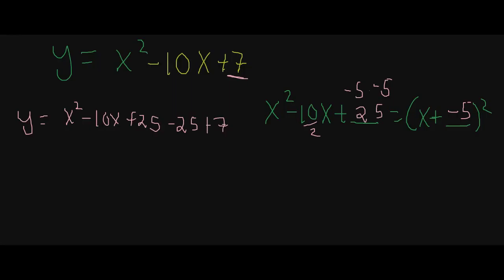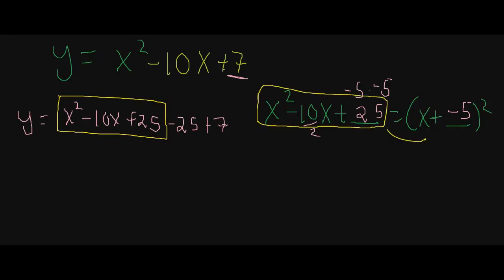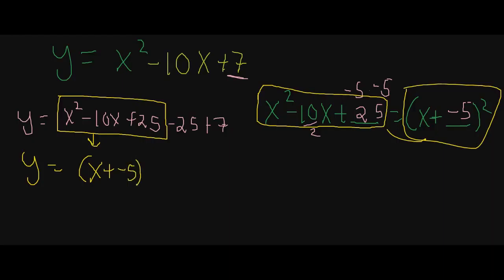Now I want you to observe x squared minus 10x plus 25. That is right here, and that equals (x plus negative 5) squared. So we're going to replace it. This is going to become (x plus negative 5) squared. And then we just need to simplify this.